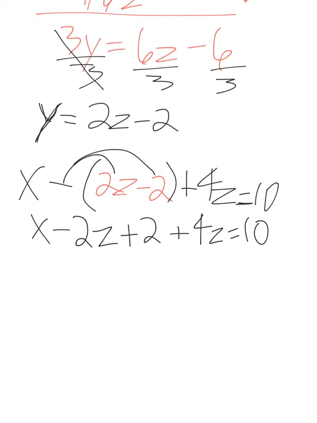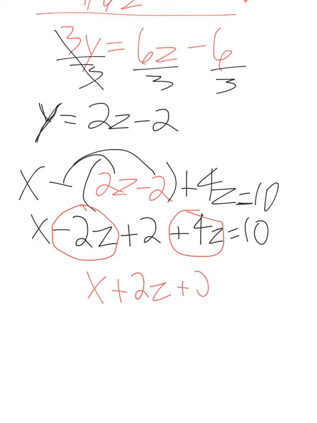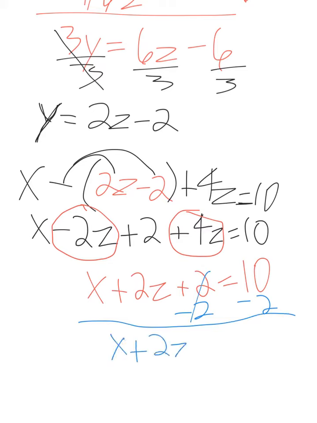So at this point, we should combine our like terms, negative 2z and 4z. So that'll just make a positive 2z, so x plus 2z, oh, and don't forget about that plus 2, equals 10. And then I can just minus this 2 over there. So x plus 2z equals 8.